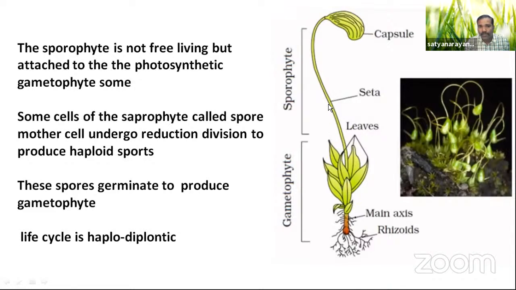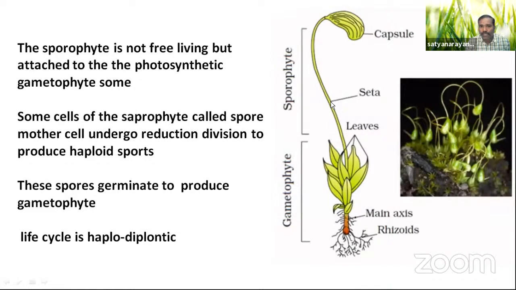In Polytrichum and Funaria, the sporophyte is freely living, depending on the gametophyte only for water absorption. So two types of sporophytes we can find: completely dependent and partially dependent sporophytes. Here the sporophyte is not freely living, but attached to the photosynthetic gametophyte.